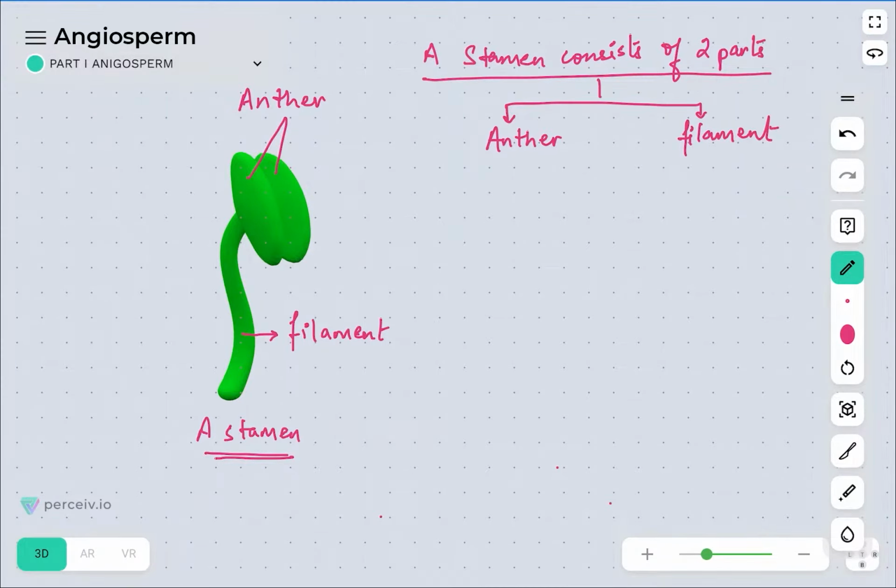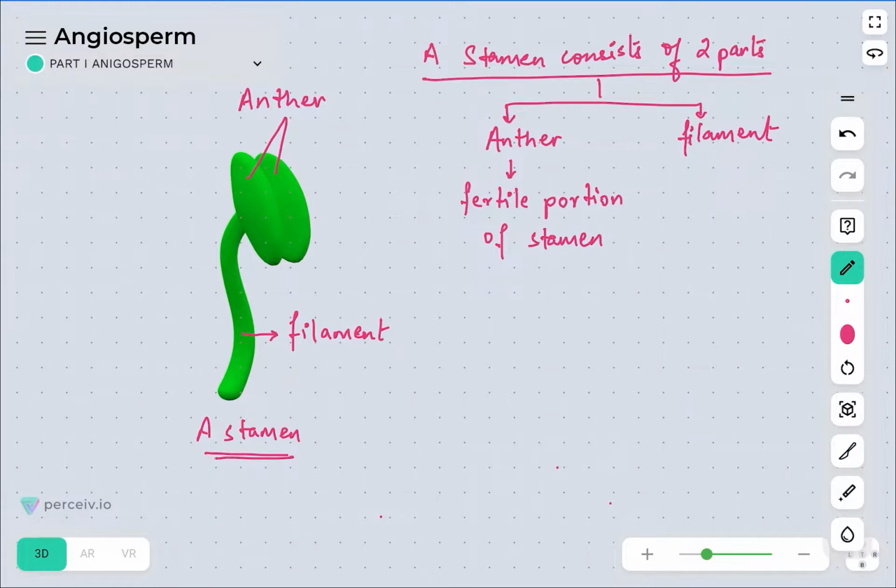Now, if we consider the anther part, anther is considered to be the fertile portion of the stamen. So this anther is the fertile portion of stamen.